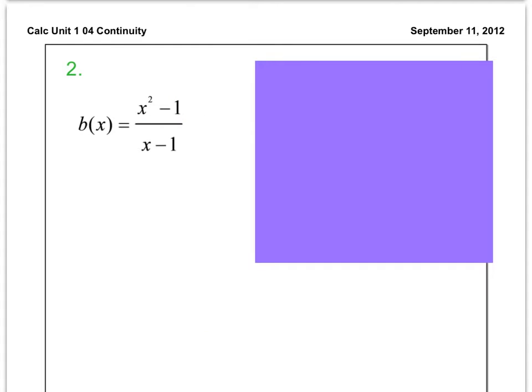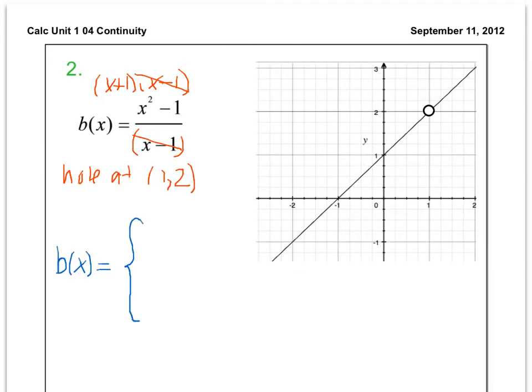Equation B is another rational function. At first glance, I might think it's an asymptote at x equals 1, but if I look at it more carefully, I see that I can factor the numerator into x plus 1, x minus 1, divide out the numerator and the denominator, and I'm left with a line that has a hole at x equals 1 and the y value is 2. So hole at 1, 2.